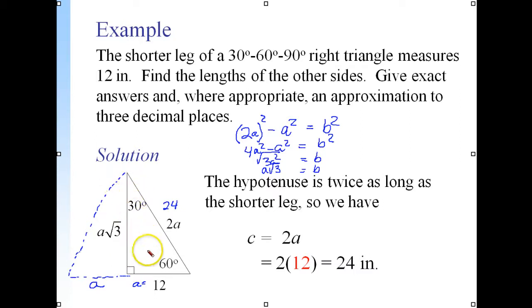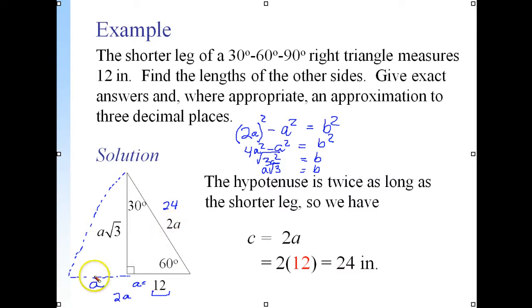Now they're saying that this base here, the full base, or one of them is A. So A is actually 12. So in a sense, this side is A, this side is A, so this side is 2A, which is what they're showing here.